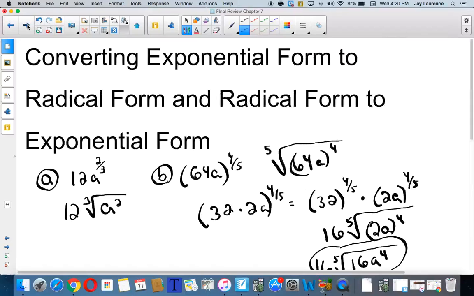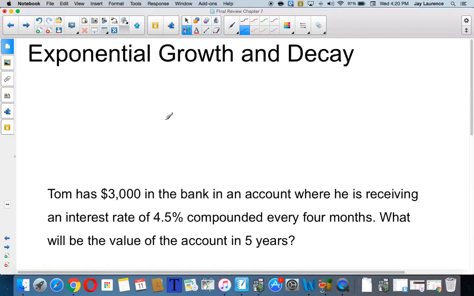All right, finally, exponential growth and decay. And remember, your formula is A equals P times the quantity of 1 plus or minus R divided by N, to the power of Tn. Remember, T in this context is time in years, not time in seconds, time in years.